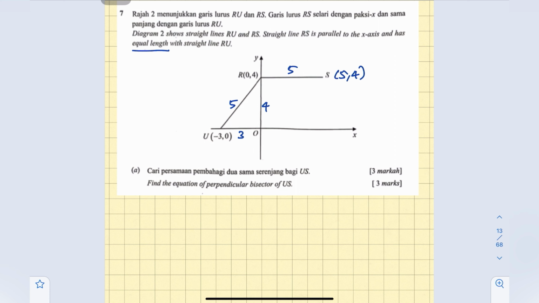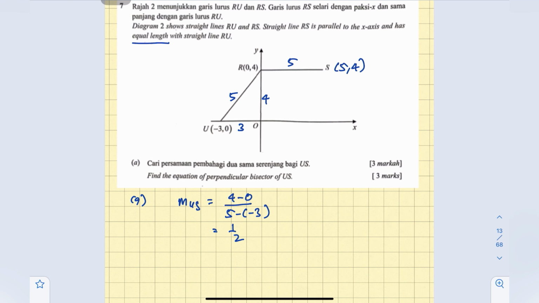Okay, so then to find the equation of the perpendicular bisector of US, we need to find the gradient of US first. So gradient US is (y2 minus y1) over (x2 minus x1). Okay, so 4 minus 0 over 5 minus negative 3, which equals 1 over 2.